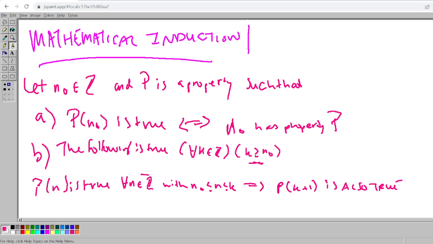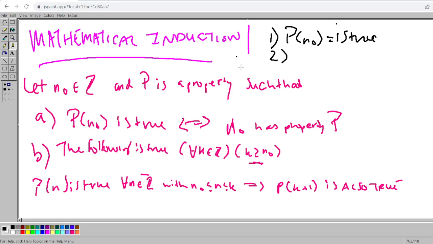So what does that really mean? That basically says we start with one case. We have our property, and our first case, the base case, is P of n naught. If this is true, then we can move on to the next case.